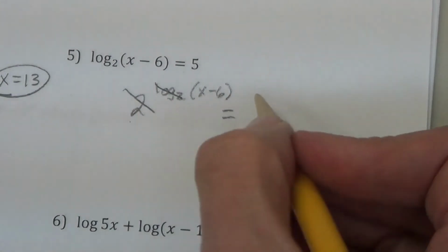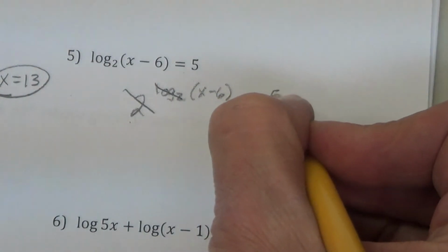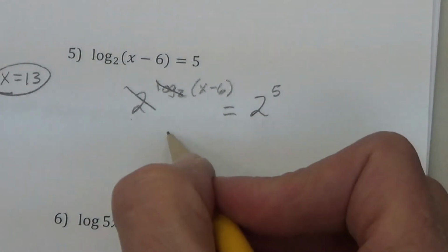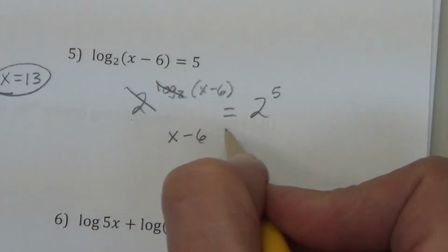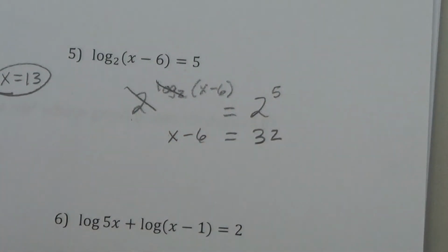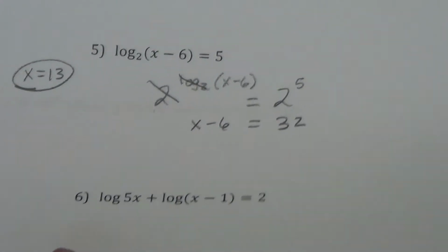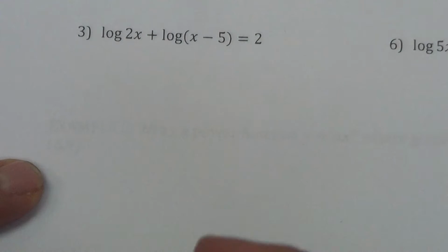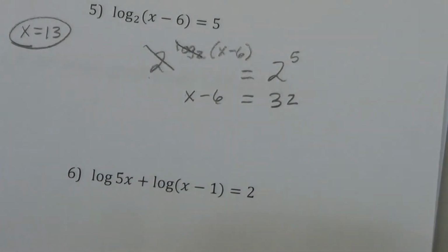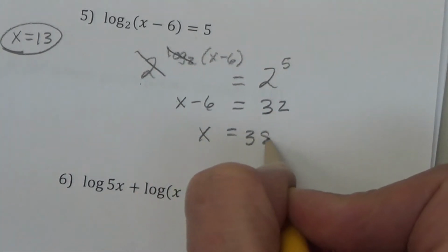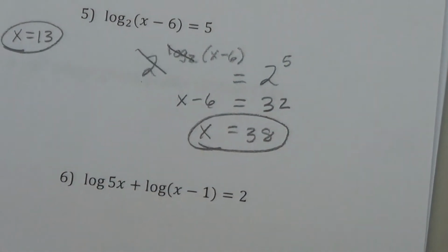What you do to one side, you have to do the other, so that makes that 2 to the 5th. x minus 6 equals 2 to the 5th, which is 32. And then you'll go ahead and solve that. You should have added 6 to each side on that. So you would have x equals 38.